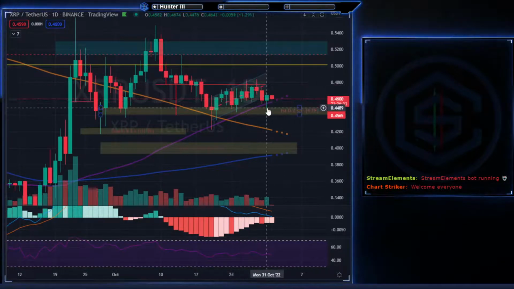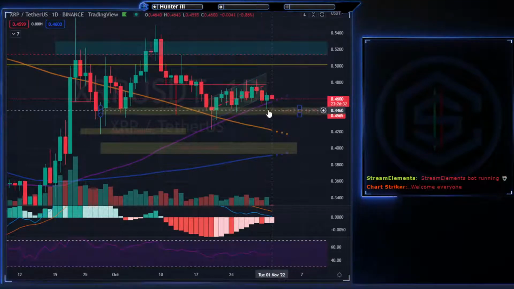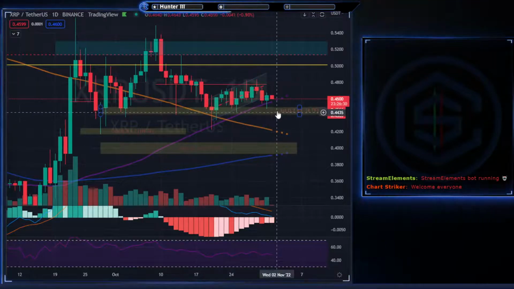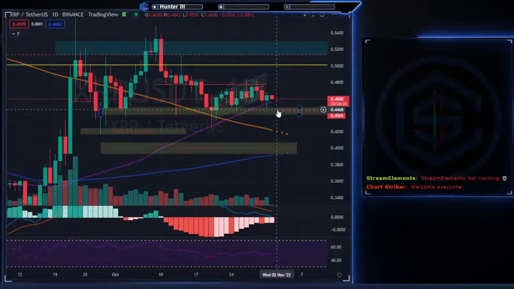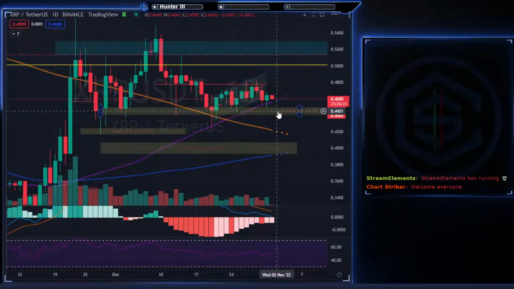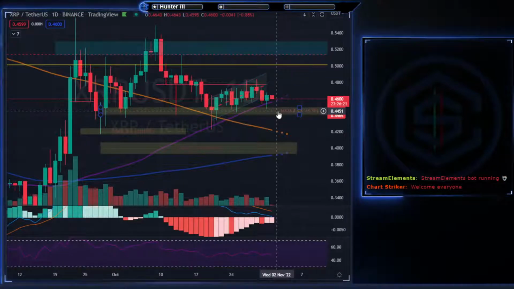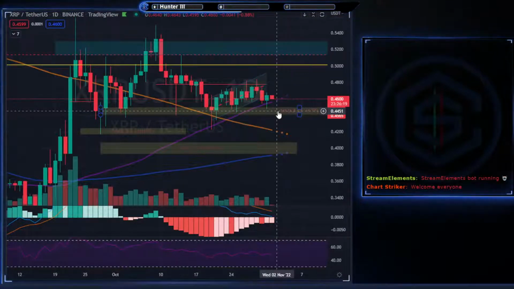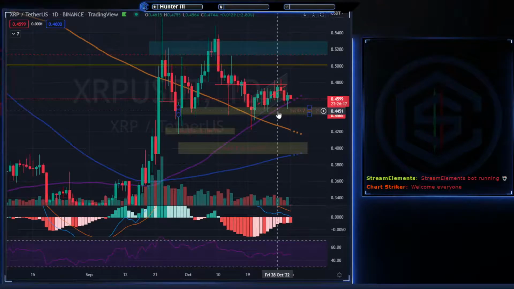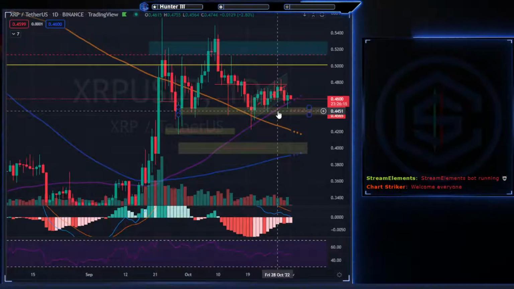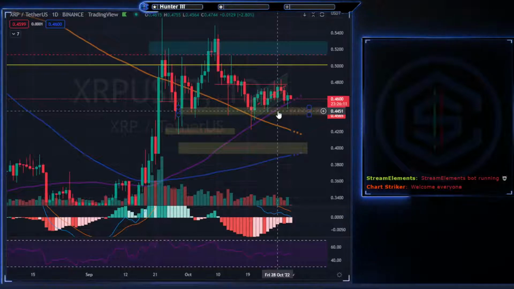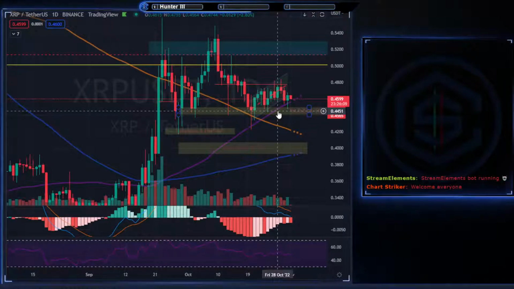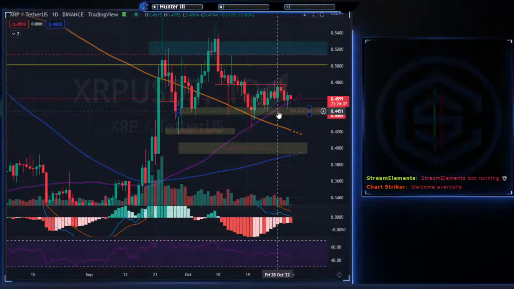So we broke out of the channel, we came in, respected this support again, but I'm gonna say it again, okay? I've said this many times. If we close anything on the daily below $0.44, the bullish divergence that we got going on on the MACD is gone, just gone, okay?